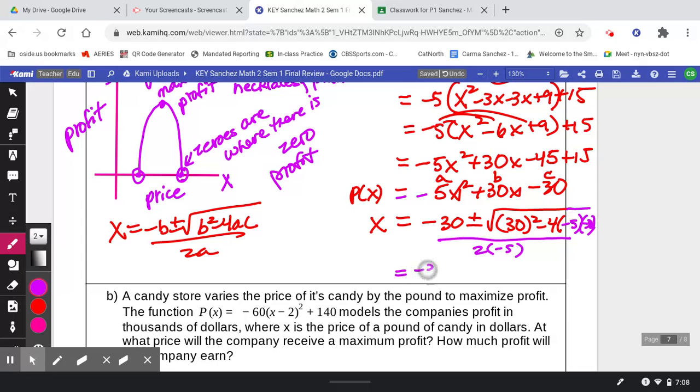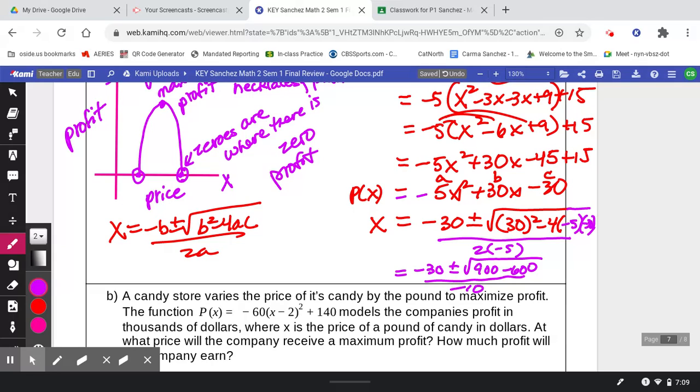So we get negative 30 plus or minus the square root of 900. And then 20 times 30, grab a calculator and do that real quick, is minus 600.